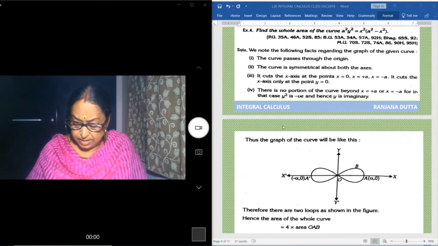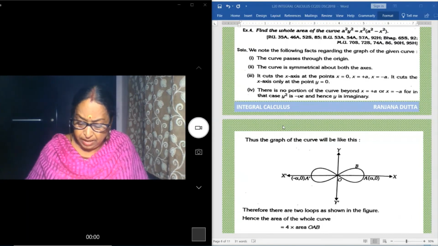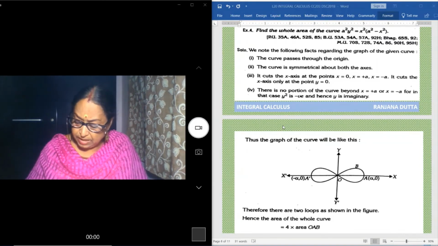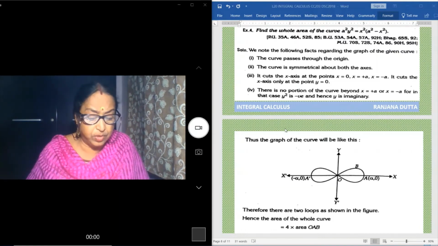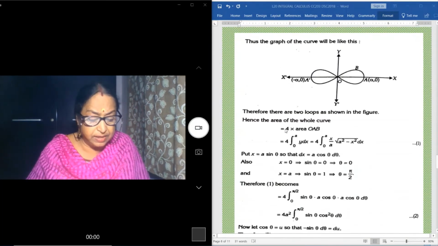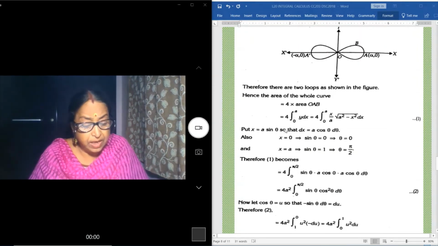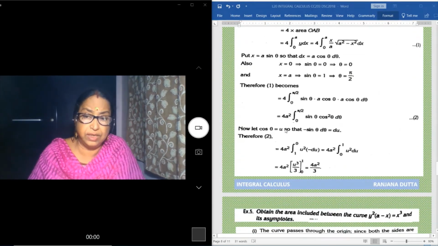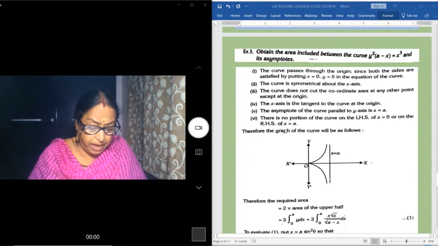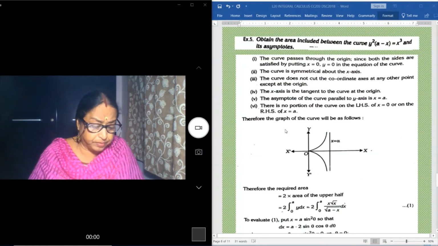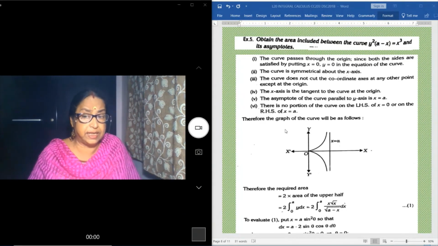Now next, obtain the area included between the curve and its asymptote. At first you have to draw the curve. Here the asymptote is at x equal to a. So the area of the curve is symmetrical about the x-axis.